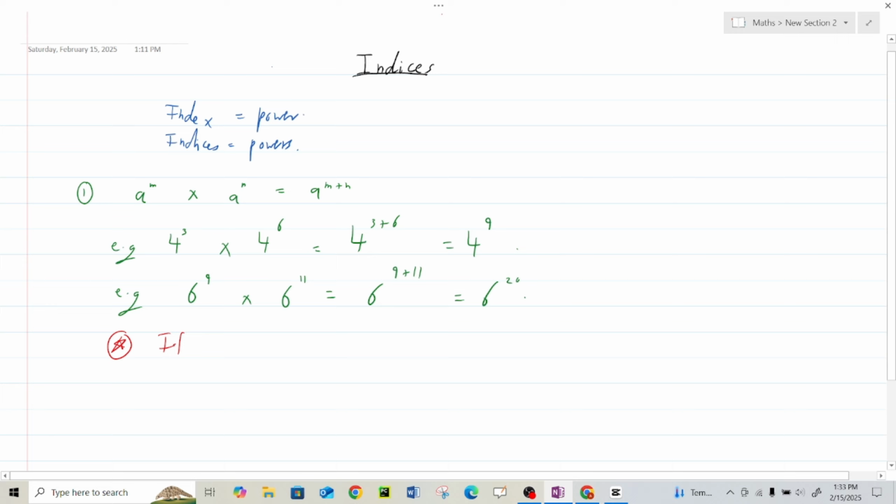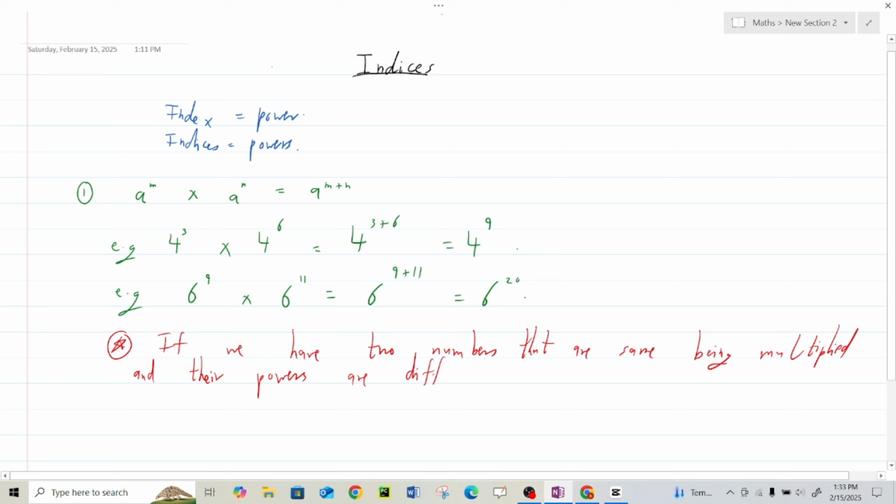Now, if we have two numbers that are same, being multiplied, and their powers are different, then we write the number one time, basically.